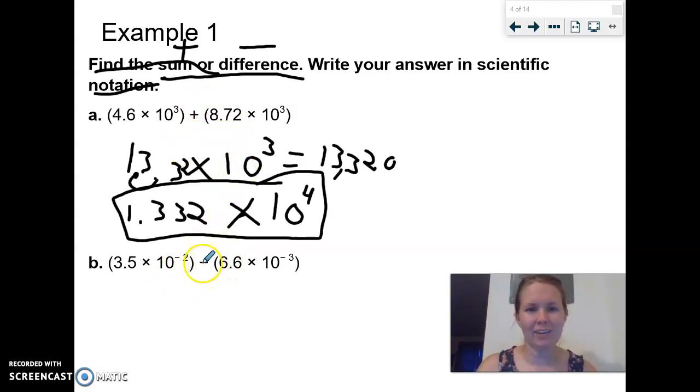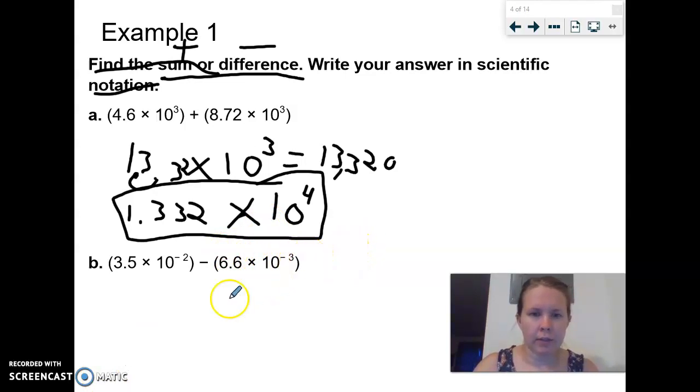So what I need to do is I either need to convert this 10 to the negative 2 into 10 to the negative 3, or we're going to convert this one to 10 to the negative 2. Thinking about this, let's see. So we're going to change this one into a 10 to the negative 2 power.